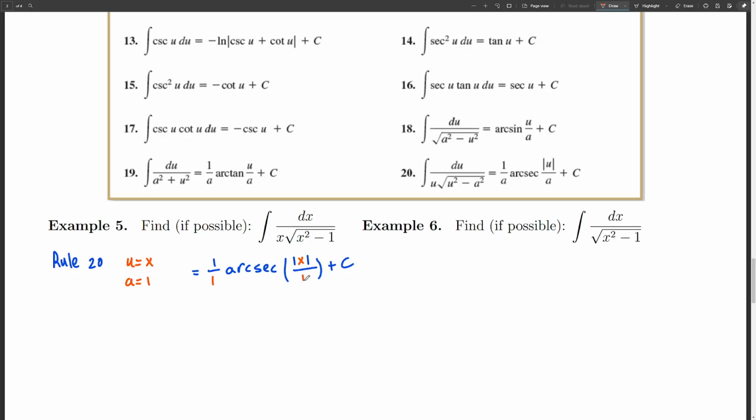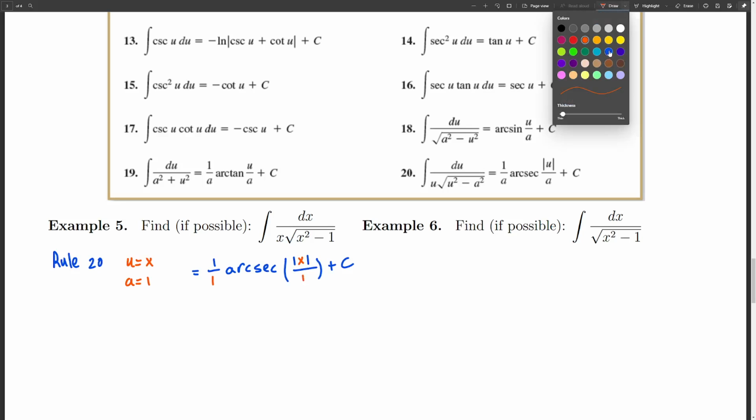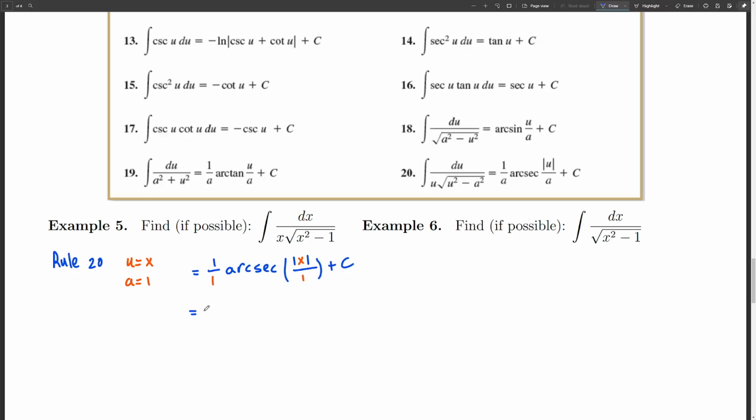And of course, that can be simplified to just the arc secant of the absolute value of x plus a constant of integration.